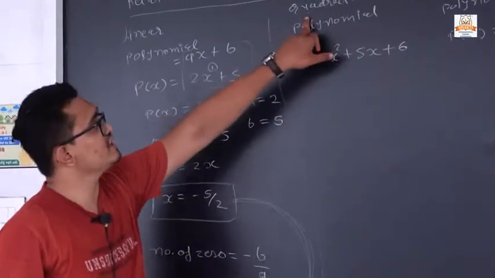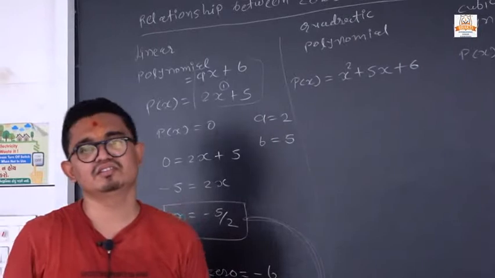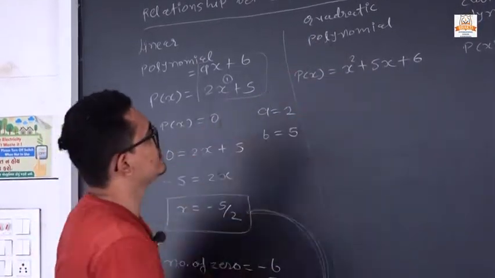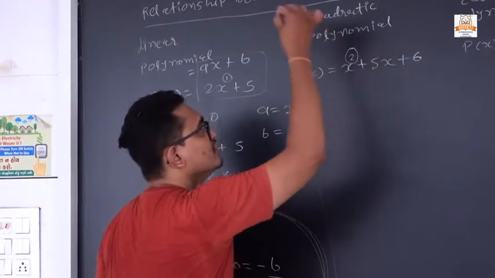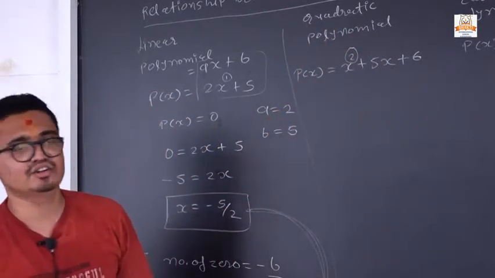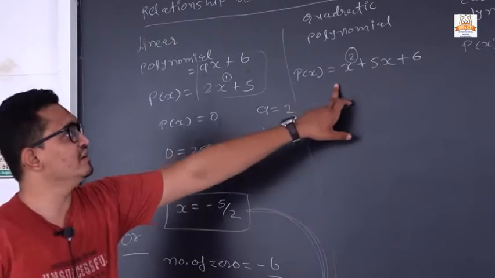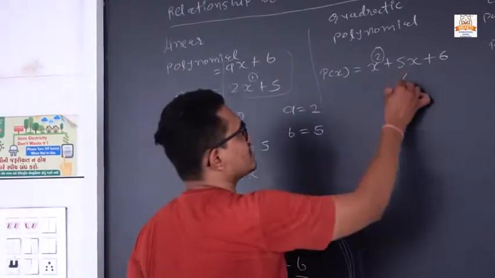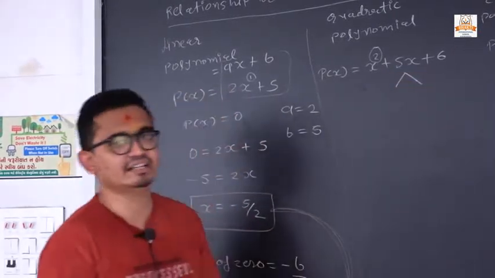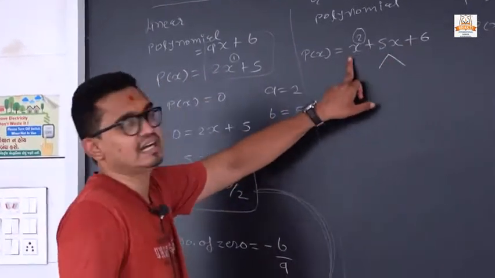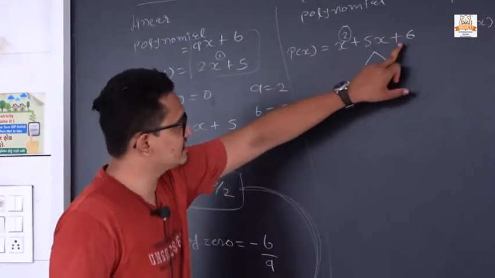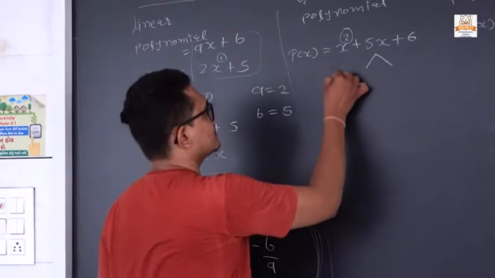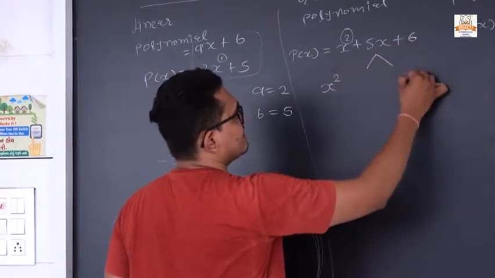In the second portion it is about the quadratic polynomial. So for a quadratic polynomial, what happens? If it is quadratic, the maximum degree is 2. So first of all, how can we find the zeros of a quadratic? By using factorization. First of all, we factorize 6. So we can write x square, the first and last terms will be the same.